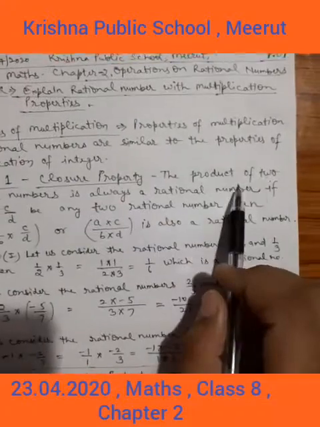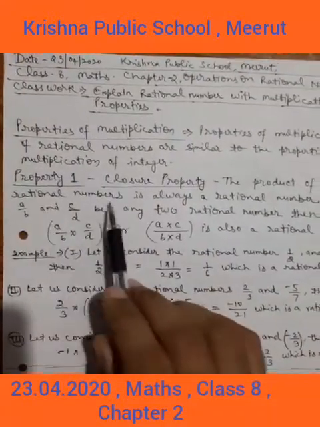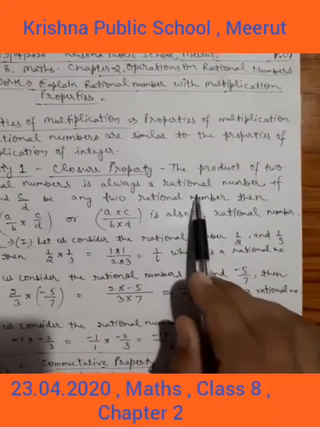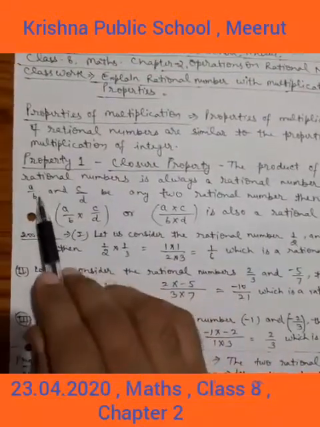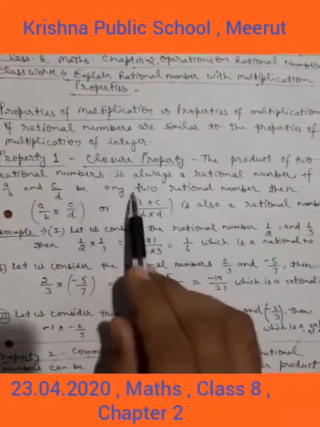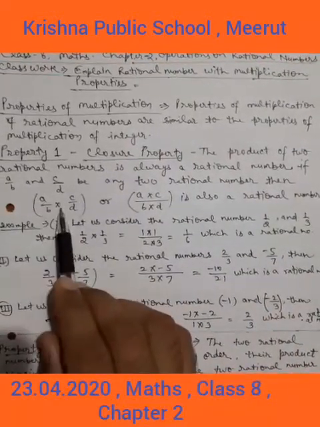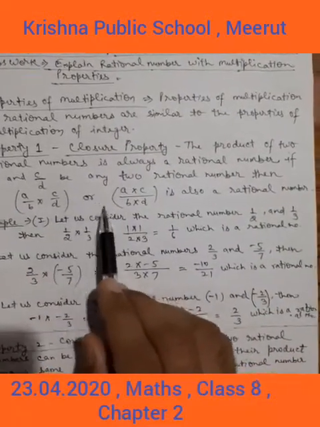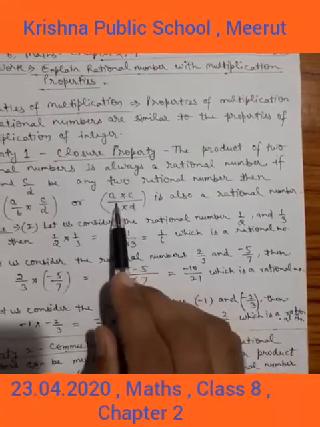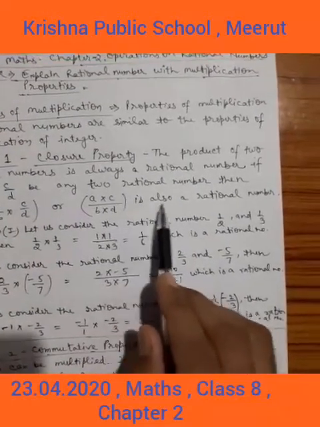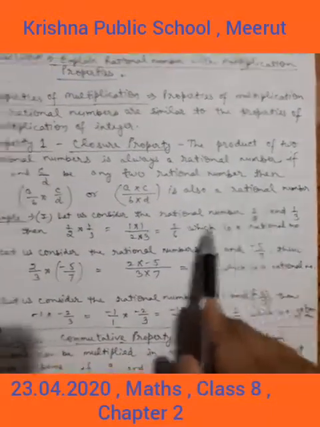The product of two rational numbers is always a rational number. If a upon b and c upon d are any two rational numbers, then a upon b into c upon d, or we can say a into c upon b into d, is also a rational number.